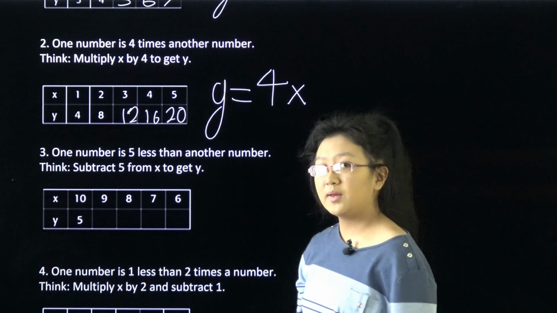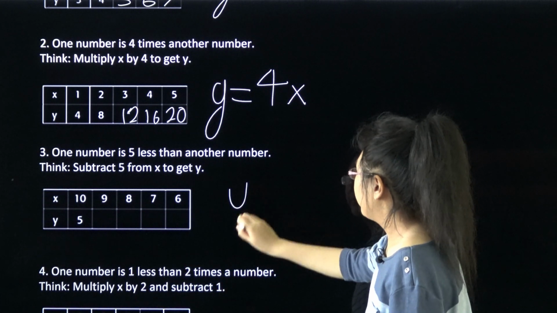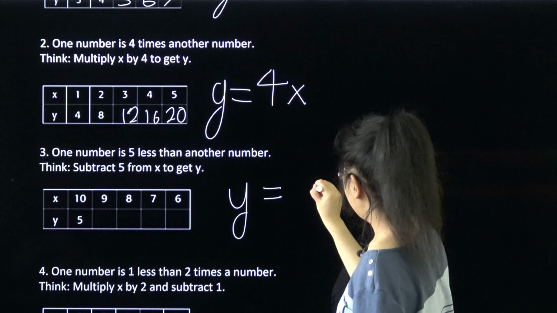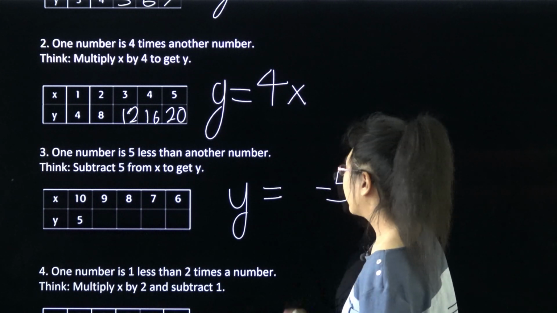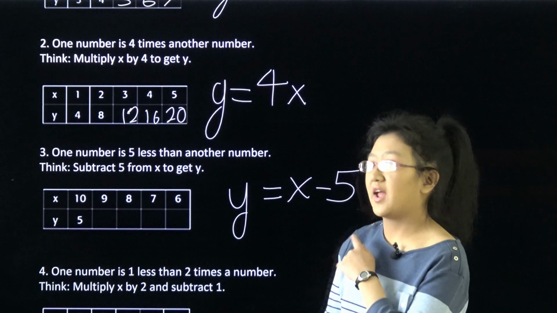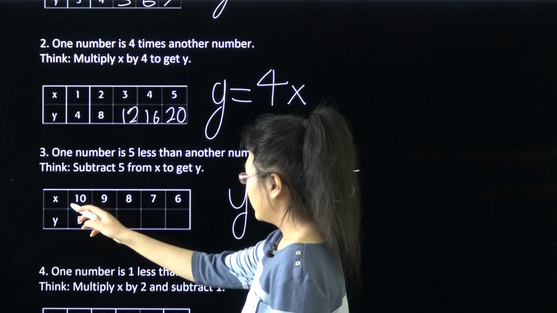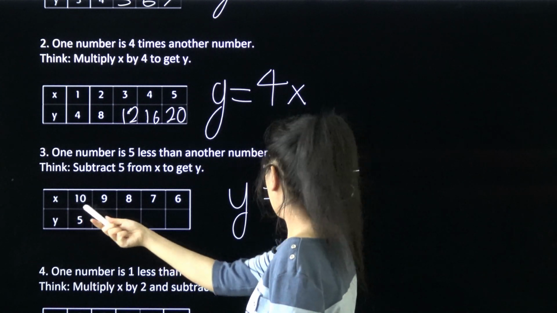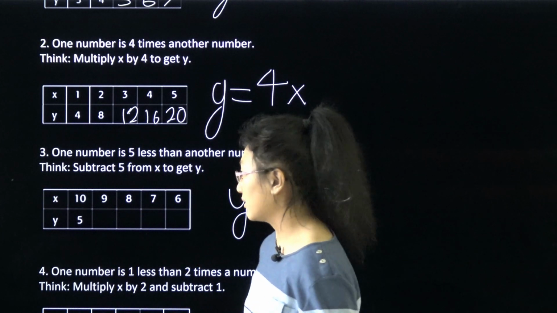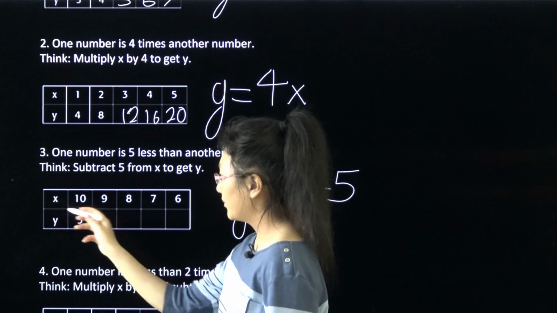Now, question number 3. One number, y, is 5 less, so minus 5, than another number. Y equals x minus 5. Does it make sense in the table? X equals 10, 10 minus 5 equals 5, y equals 5. It makes sense. So we continue.